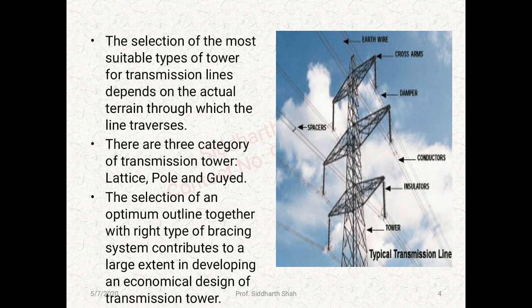There are total three types of transmission tower: lattice, pole, and guyed transmission tower. The selection of an optimum outline together with right type of bracing system contributes to a large extent in developing an economical design of transmission tower. So in this figure you can see the earth wire, cross arms, the dampers, conductors, insulators, and the spacers.